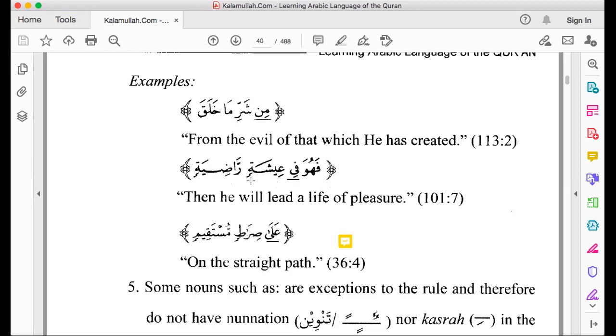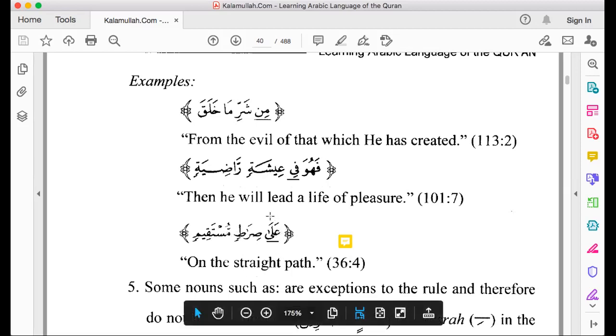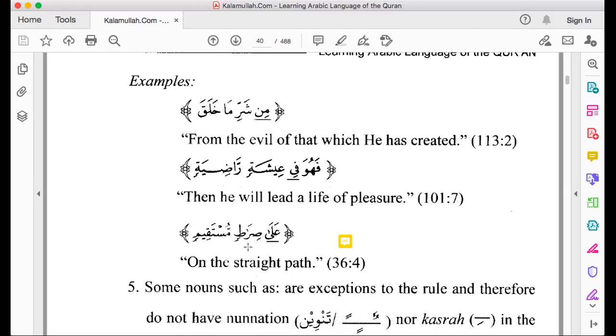So ishatin, that's what you're noticing. If you're continuing, you would read it as fi ishatir radiya. And the final example: ala is also a preposition which brought this noun to have a tanween. Ala siratin mustaqim. So here the ala caused it to bear the tanween kasra. So this is majrur. Okay.